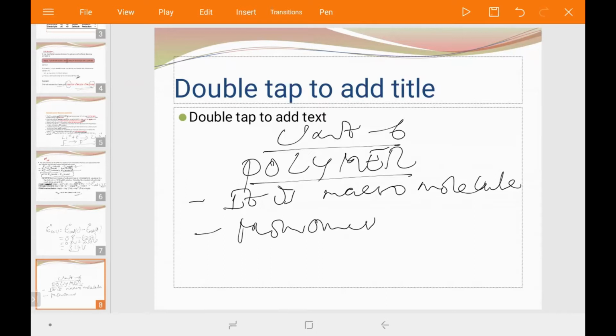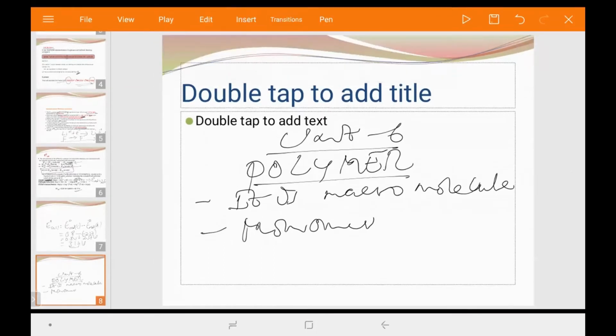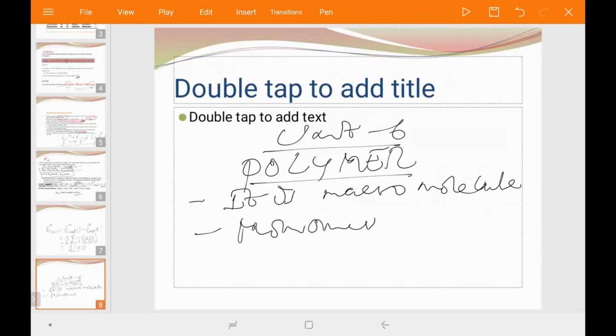For example, if you take a huge building, what is the monomer unit for a huge building? Who can answer this? For any huge building, what is the single unit?